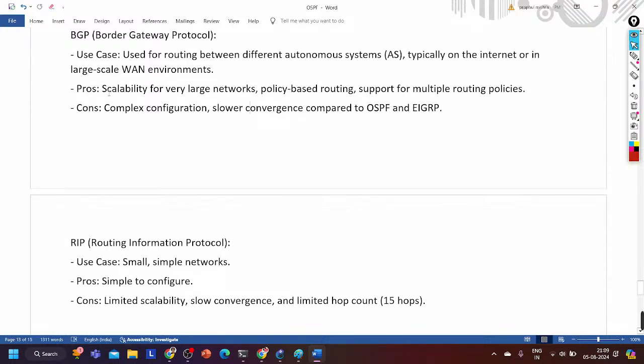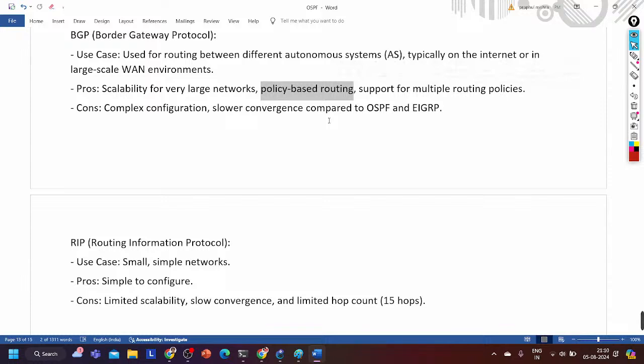Pros of using BGP over OSPF. In BGP, the biggest advantage is policy-based routing. We have lots of options to manipulate the path and configure policy-based routing, so according to our requirements, we can manage the protocol.